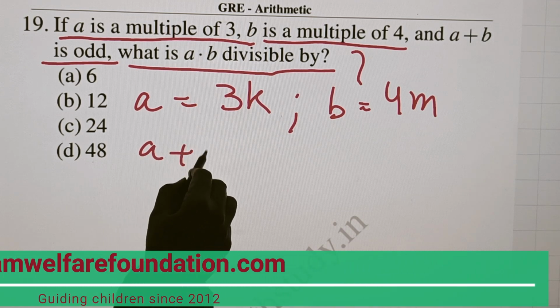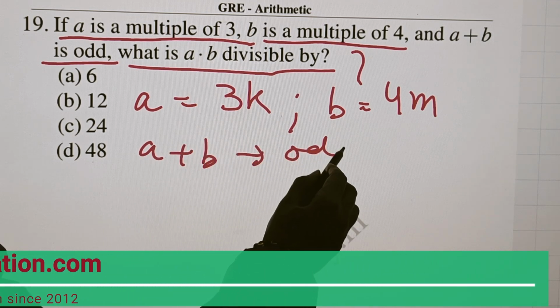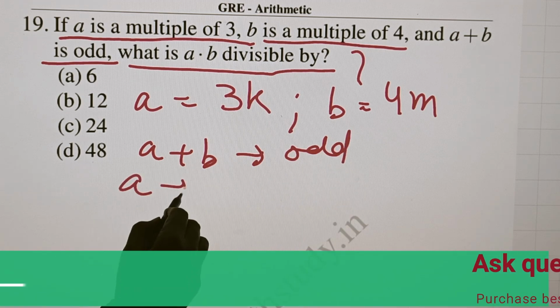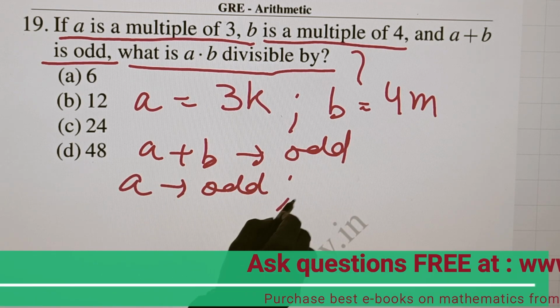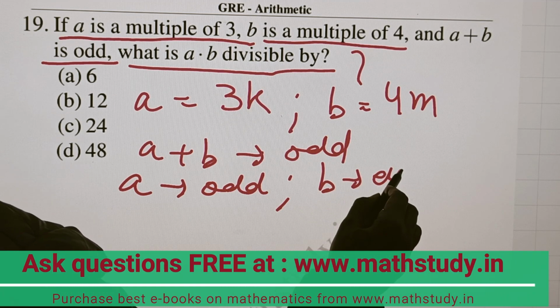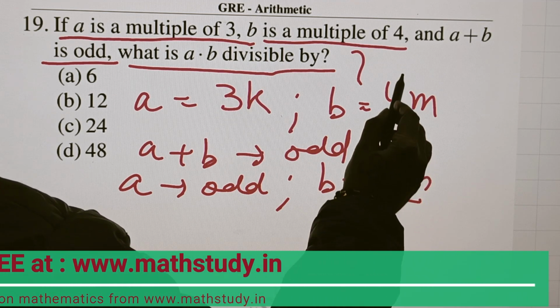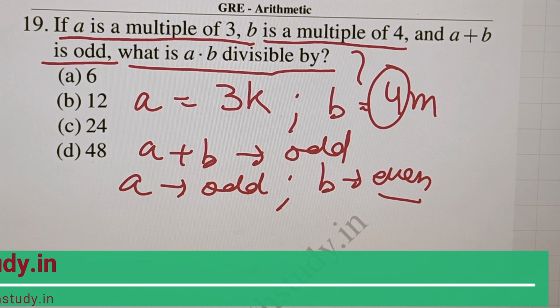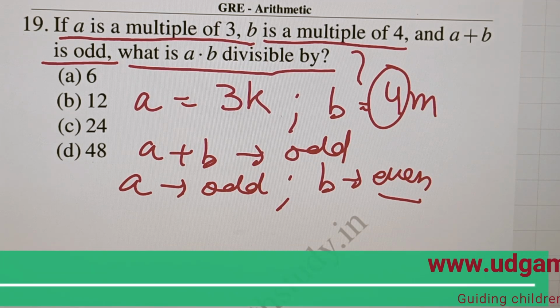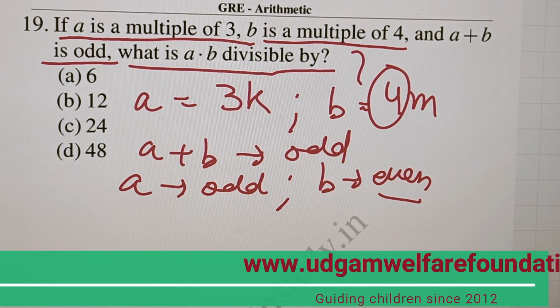If A plus B is odd, that means A is odd and B is even, because B is a multiple of 4 here, that's why B is always even. A is a multiple of 3.